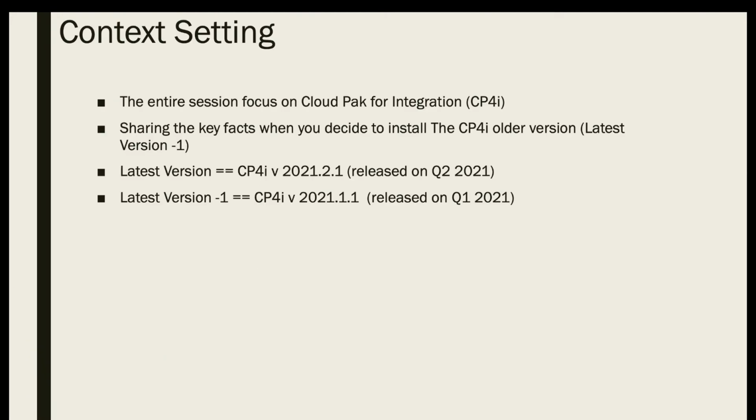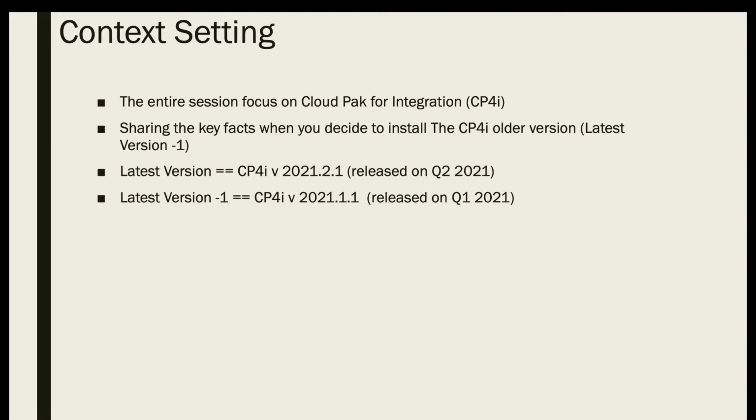I want to set the context for this particular session. The context is, certainly we're going to talk about cloud platform integration, no doubt about it. Think about, you are supposed to set up a version -1. Currently we have Cloud Pak for Integration 2021.2.1 that represents a Q2 release, which was released sometime in the second quarter.